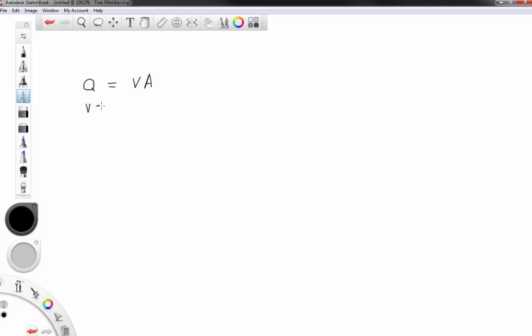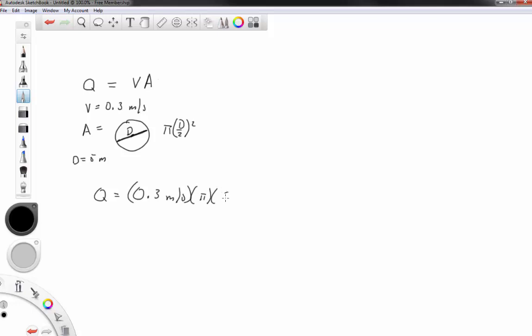Now V was given as 0.3 meters per second. A is basically a circular cross section, so I actually measured the diameter. D equals 5 meters. So area should be pi times (D over 2) squared. So the volume flow rate should be 0.3 meters per second times pi times (5 over 2) meters squared.